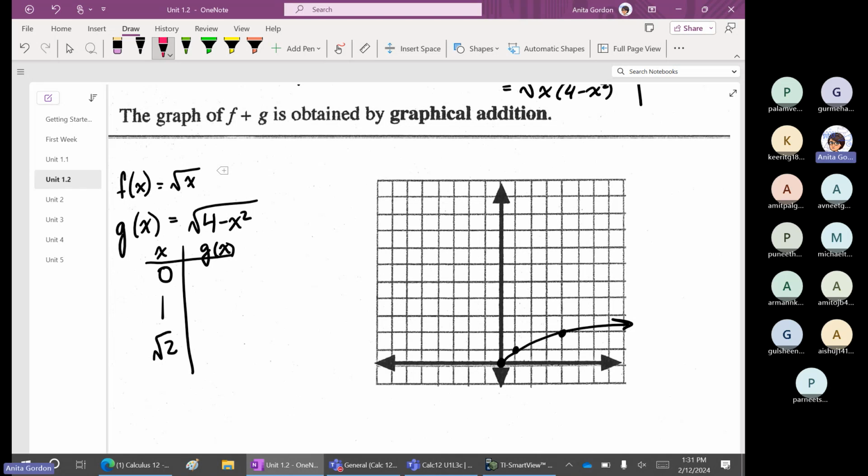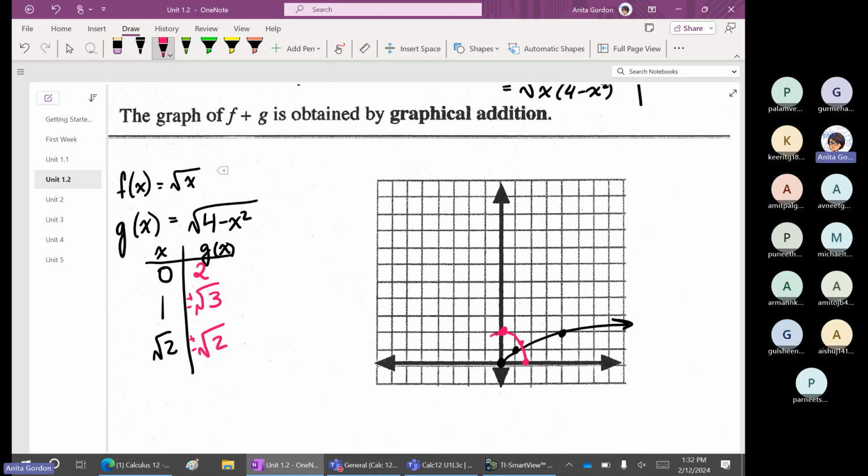If x is 0, g is 2. If x is 1, g is root 3. And if it's root 2, and these are plus minus. Okay, so 0, 2, 1, root 3 is kind of here-ish. Root 2, kind of here-ish. This is essentially a circle.